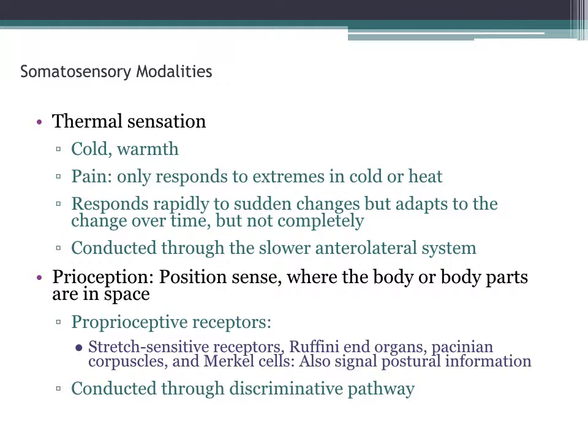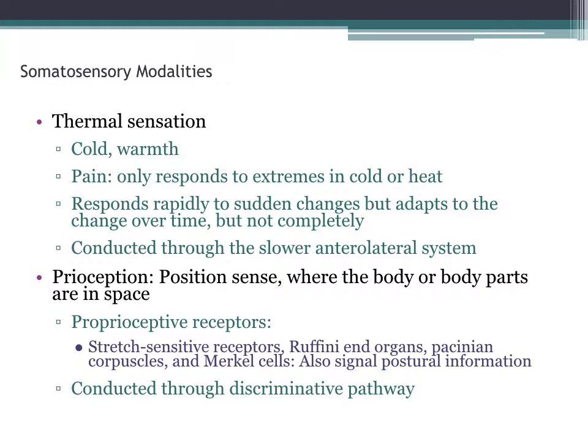And with the pain side of it, we only feel pain from the cold or the warmth when it's extreme cold or extreme heat. This particular modality responds rapidly to sudden changes.